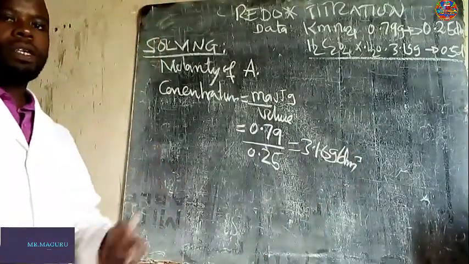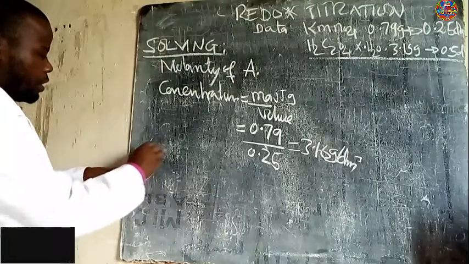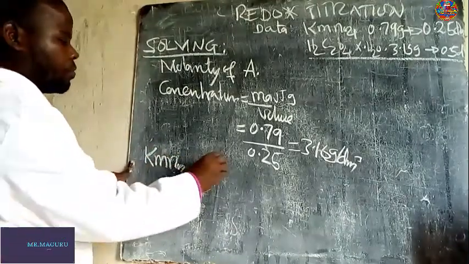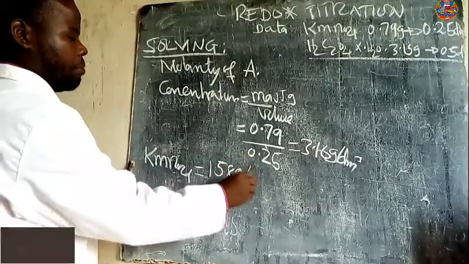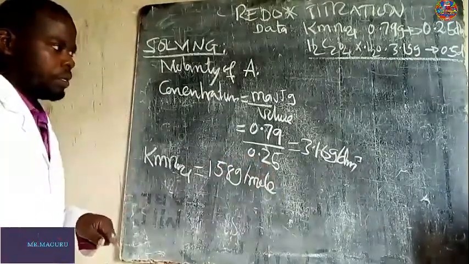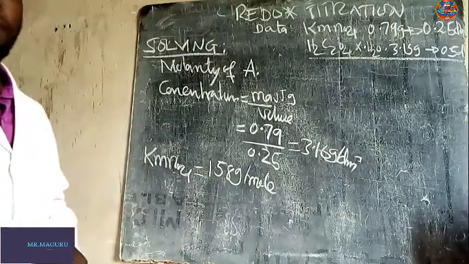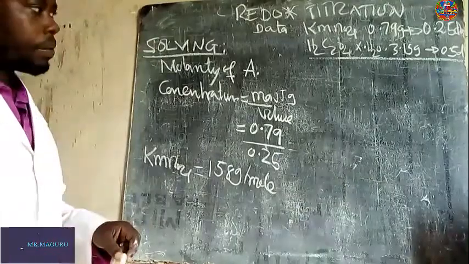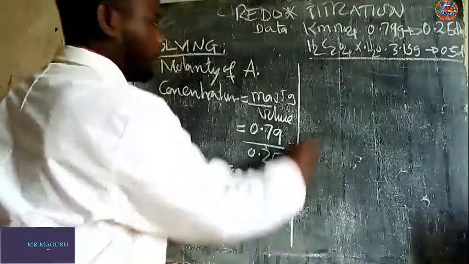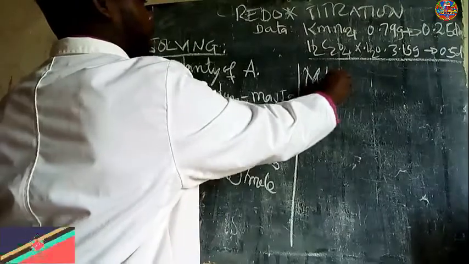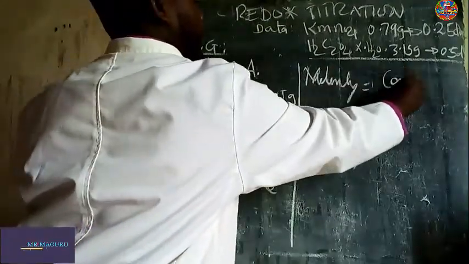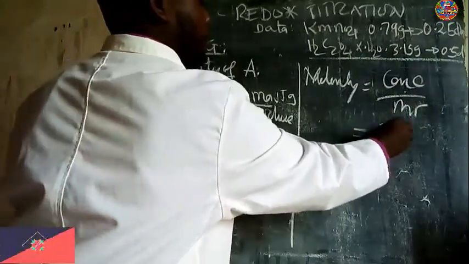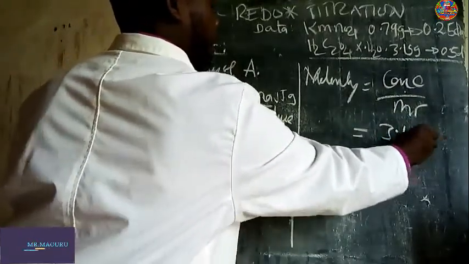But the molarity is the concentration over the molar mass. The molar mass of this one is equal to 158 per mole. So the formula is molarity, concentration over molar mass, is equal to 3.16 divided by 158.